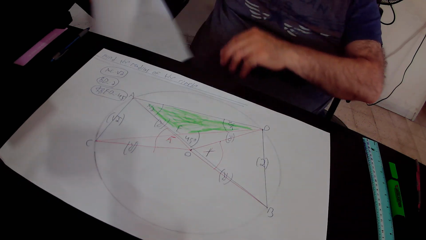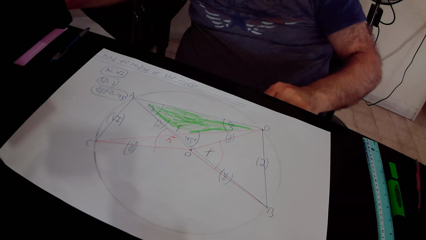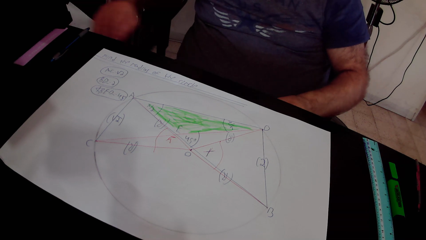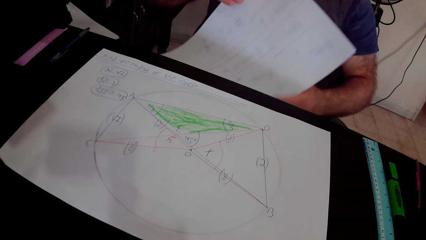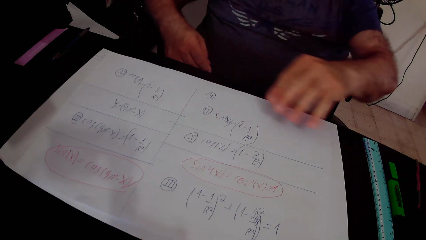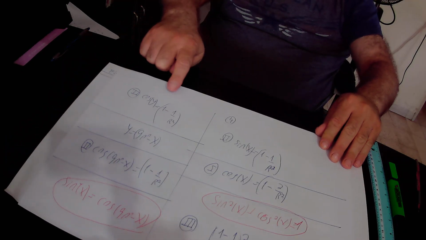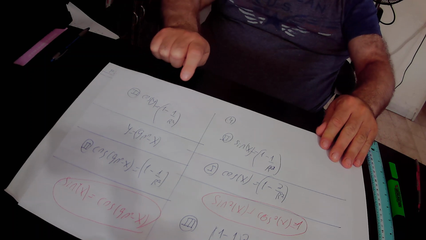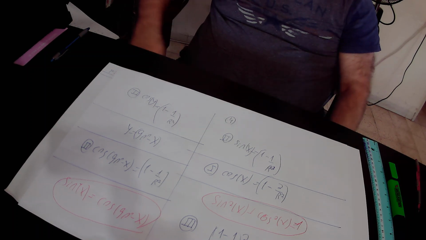Okay, again, I should find out that according to equation 2, cosine Y equals 1 minus 1 over R squared. This is according to equation 2.